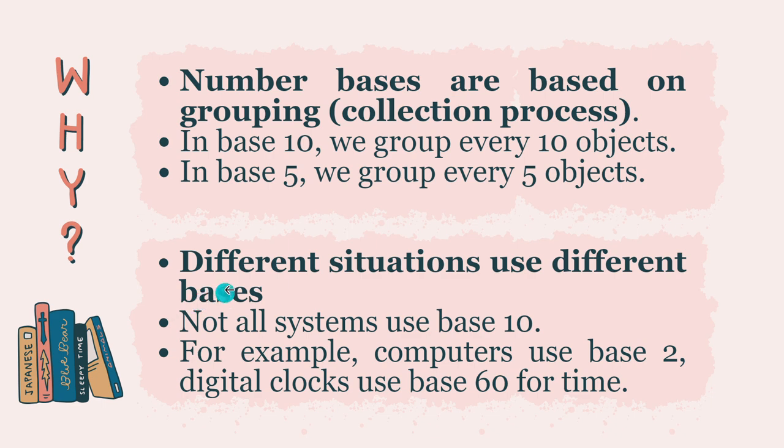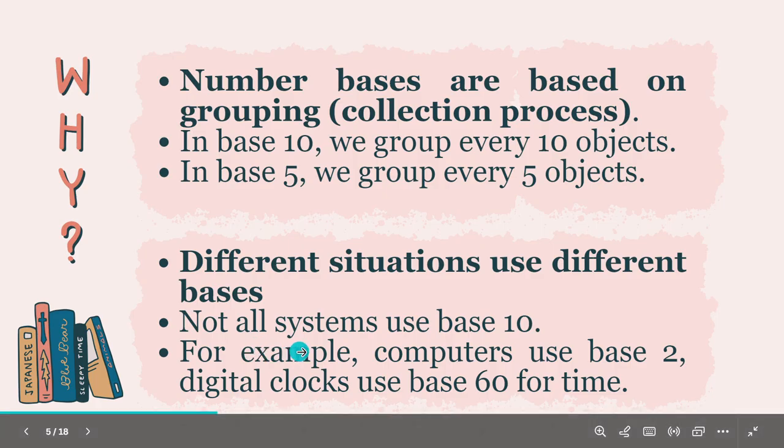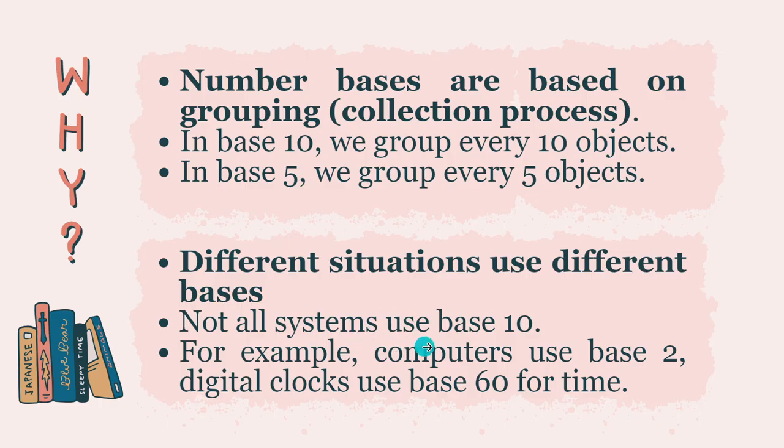And the next one, different situations use different bases. For information, not all systems use base 10. We are always familiar with using base 10, but there are some systems that do not. For example, computers use base 2, which means they use the digits 0 and 1.